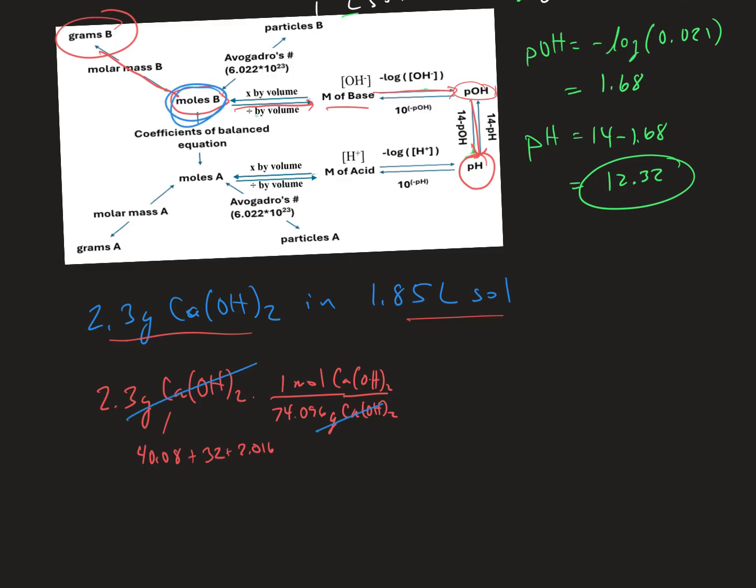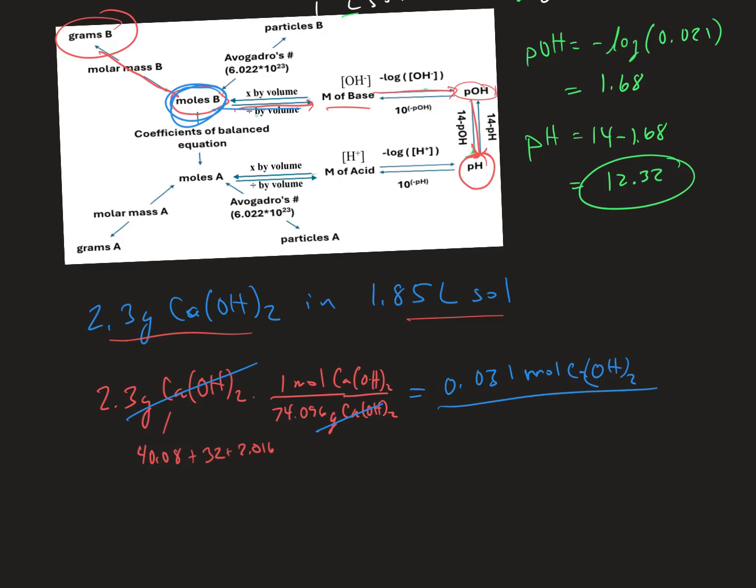Now we're here, and we just divide. You guys want an answer first? Let's do it. So we do 2.3 divided by 74.096, and we get 0.031 moles of calcium hydroxide.